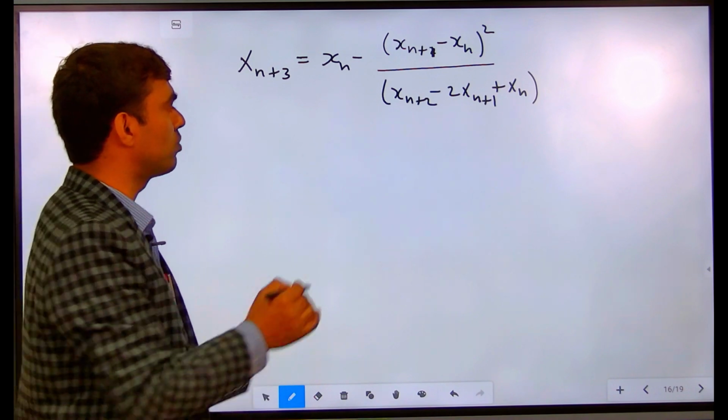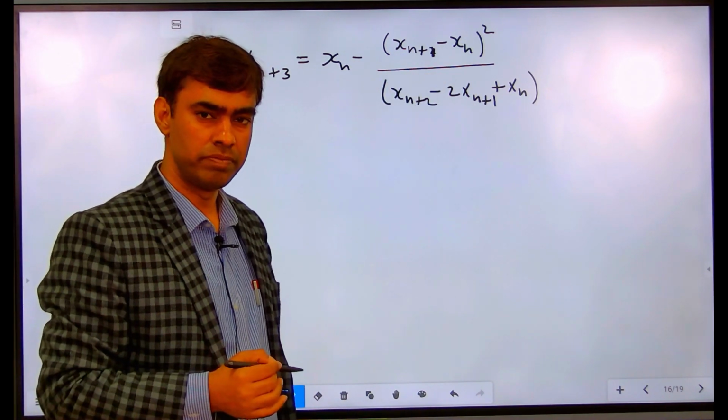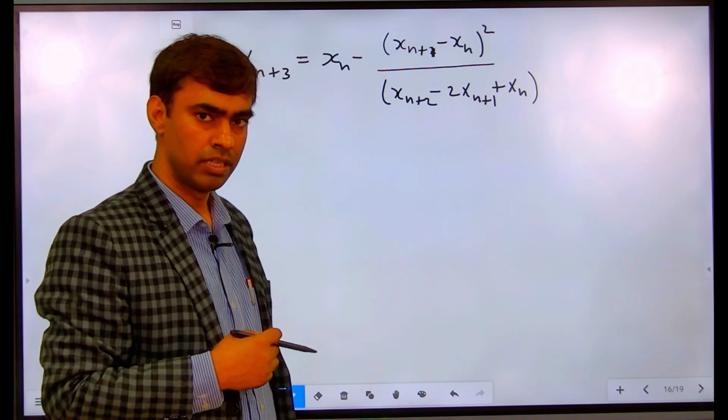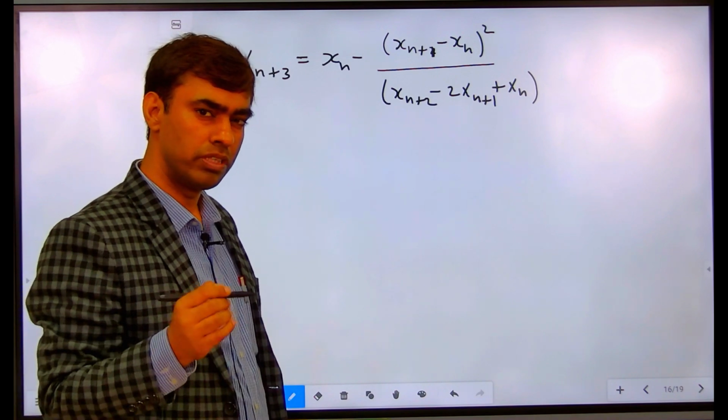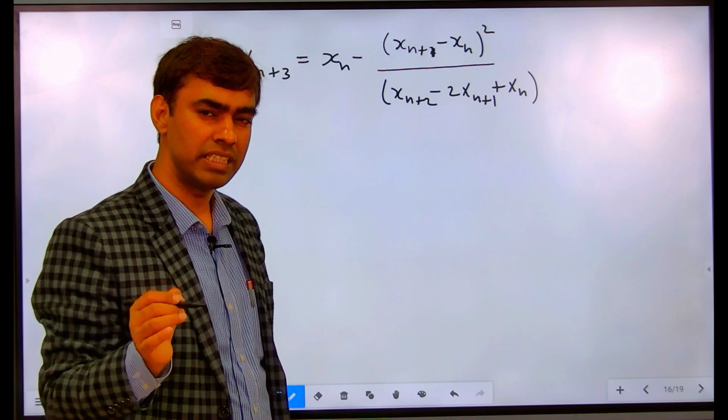Here we denote this using the forward difference operator symbol. Due to this reason it is called the delta square method, because delta is a representation of a forward difference.